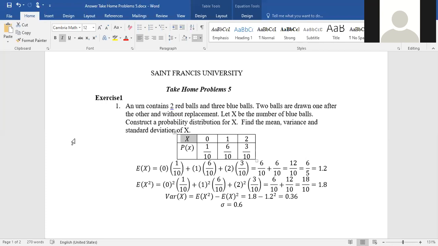Red, red is 2/5 times 1/4. That gives us 2/20, which is 1/10.